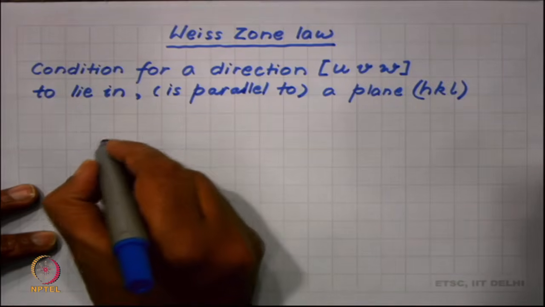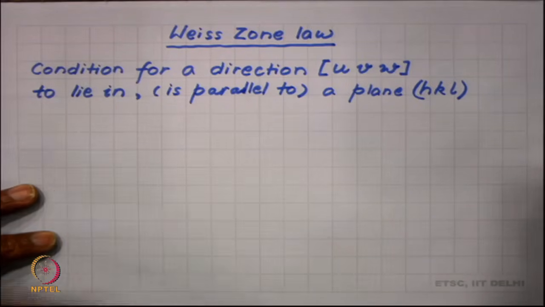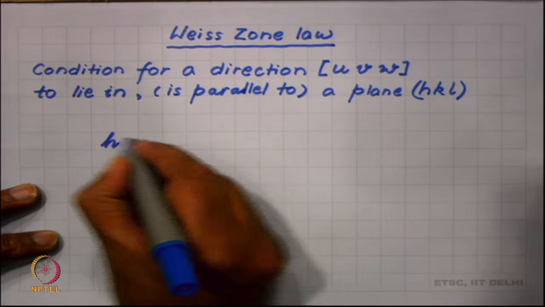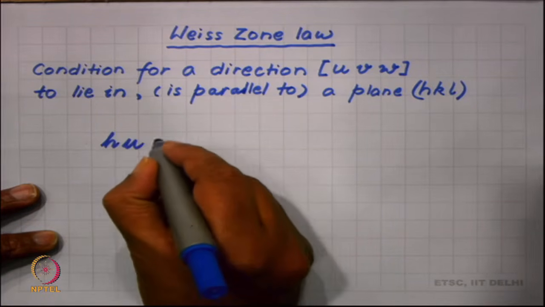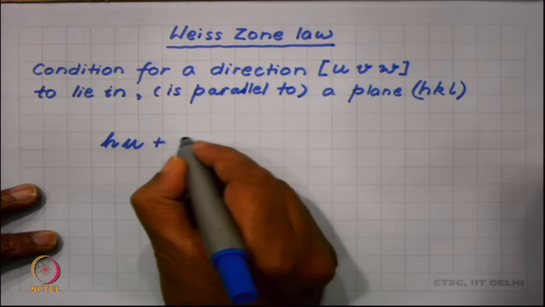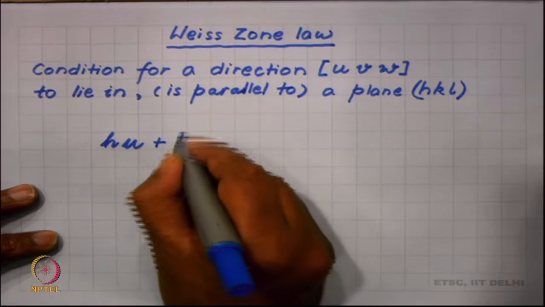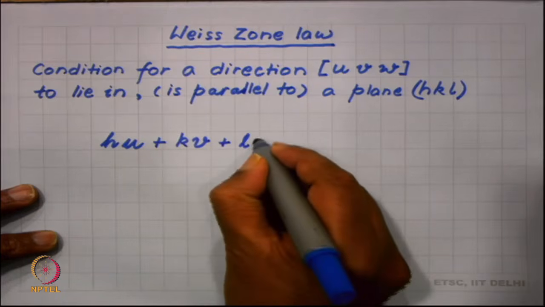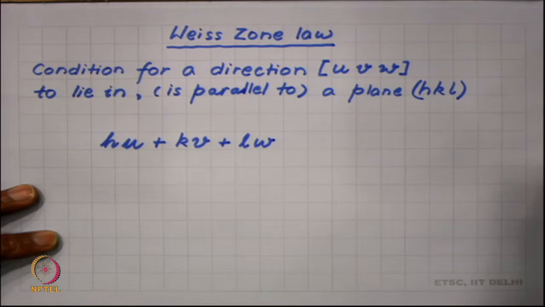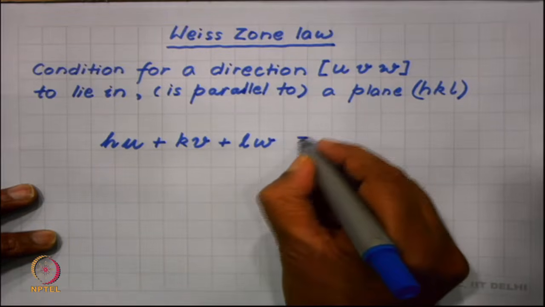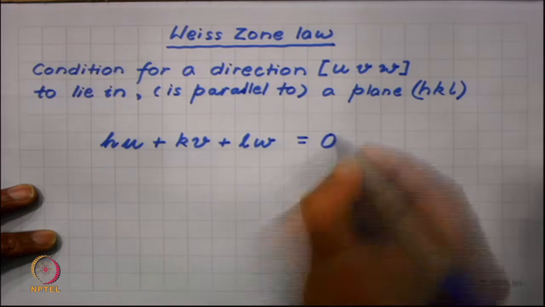And the condition itself is quite simple. All you have to do is to multiply the corresponding indices, the first one with first one, HU, then KV and then LW, and add them, and this sum of the products HU plus KV plus LW should be 0.